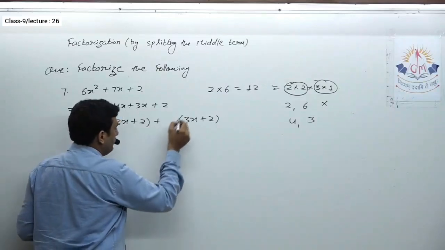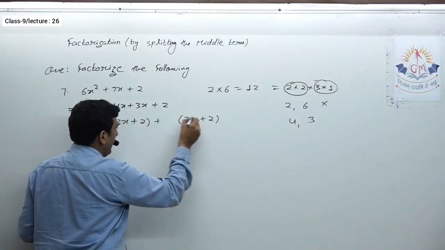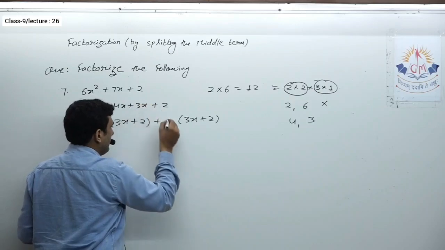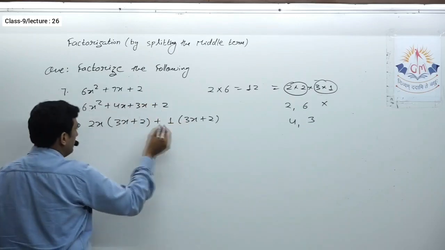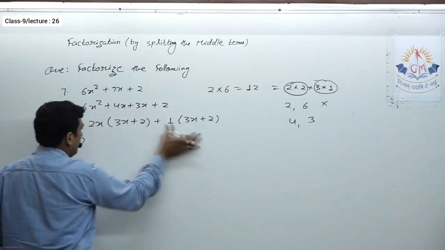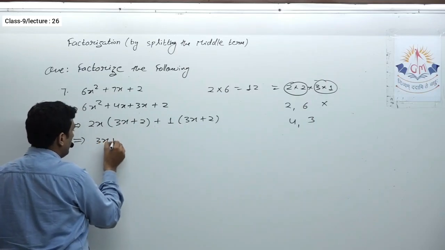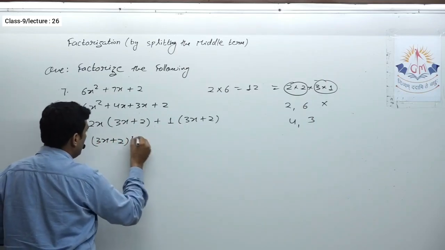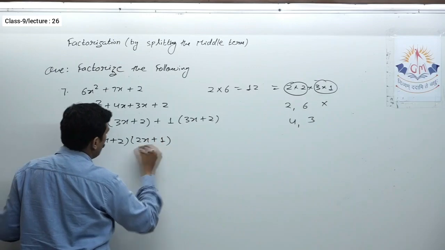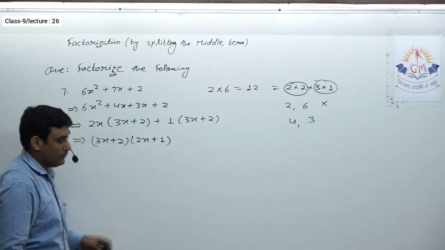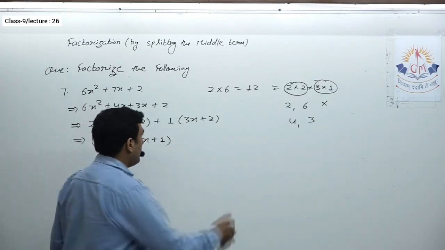Now I check what should I multiply in 3x to get 3x. The answer is 1, but obvious. So here, from these two I can take 3x plus 2 common in the first bracket and 2x plus 1 is left in the second bracket. So I hope this is clear to you.